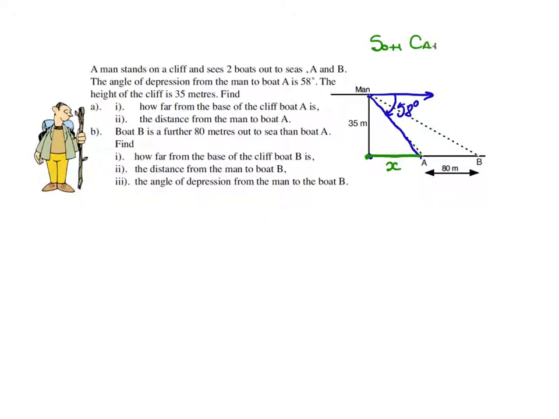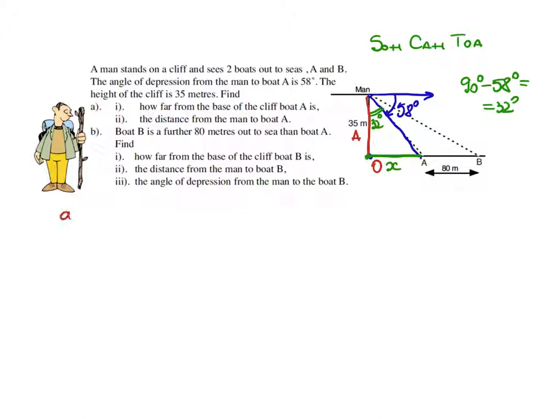I will consider this right angle triangle, where we can actually find this angle. And this angle is 90 degrees minus 58 degrees, so it's 32 degrees. And for this angle, that side is adjacent and that side is opposite.